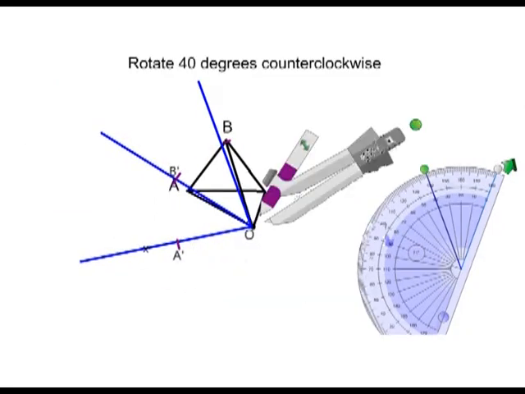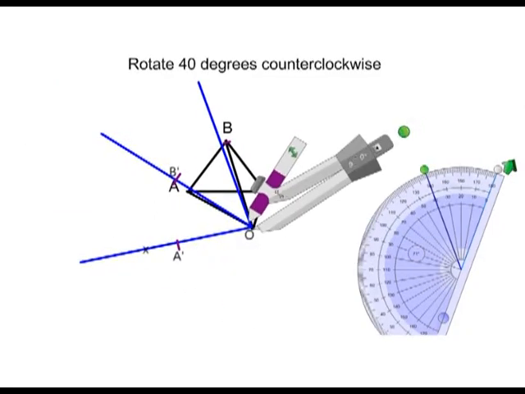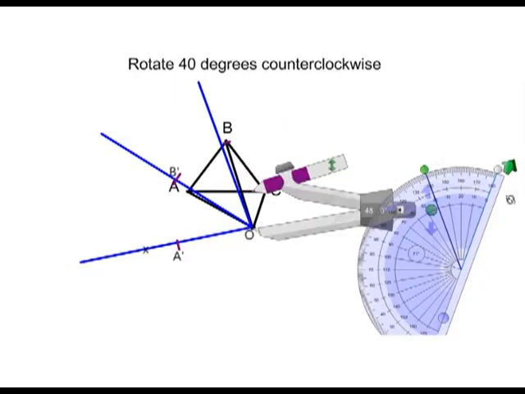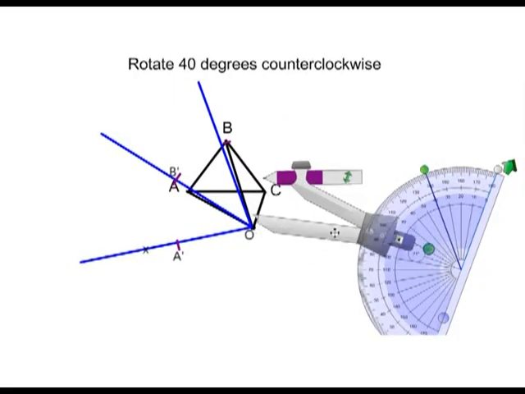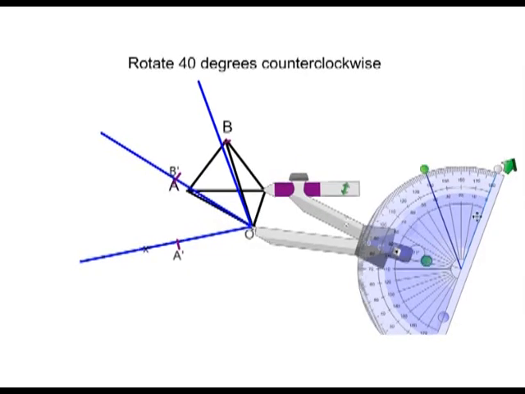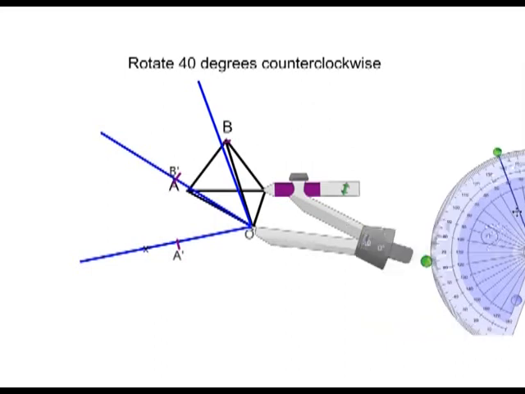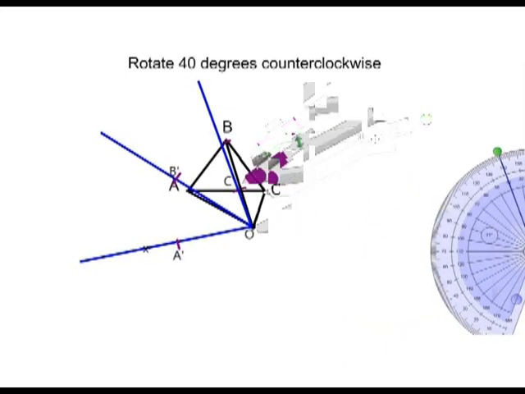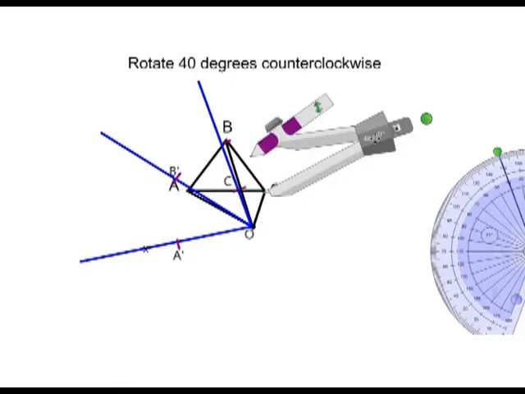Measure the distance OC. And now take the same distance on the new line. And that's C prime. Now we join our new points to complete the figure.